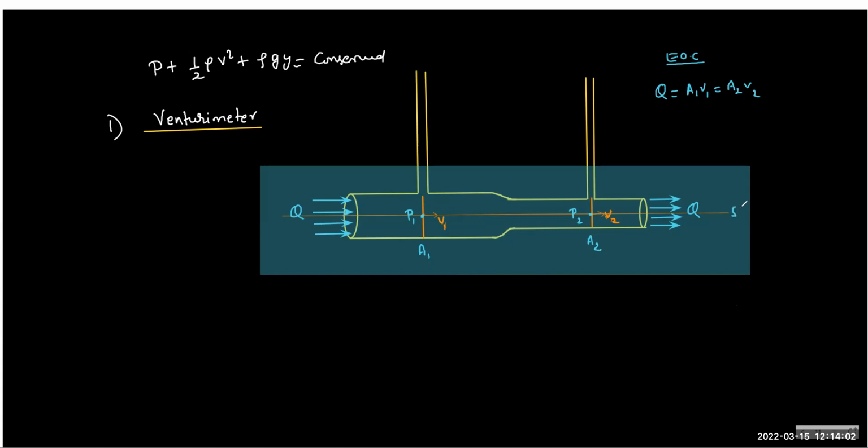And you can see this is a streamline which is horizontal, so the third term is not even required. If I choose this as a reference, the third term is 0. The sum must be constant, which means that if one increases, the other has to decrease.